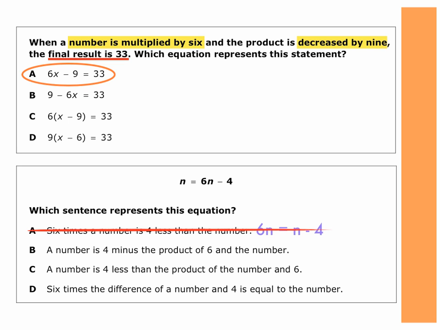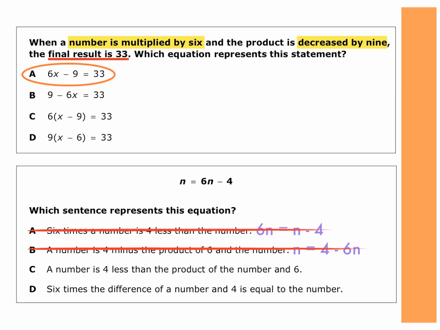B says a number is 4 minus the product of 6 and the number. So a number is would be n equals 4 minus, the product of 6 and a number would be 6 times n. Notice again this one's a little bit closer, but not quite what we're looking for.